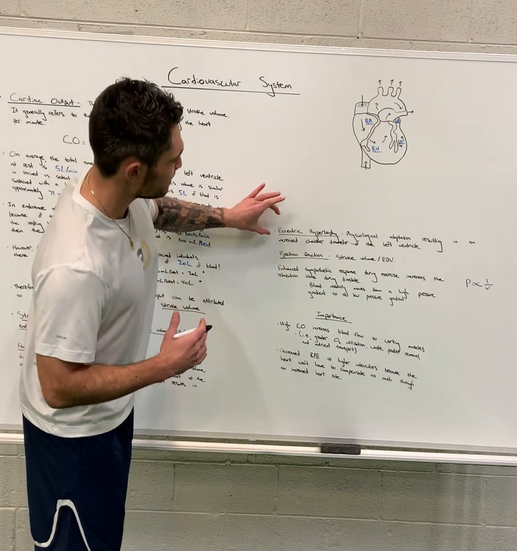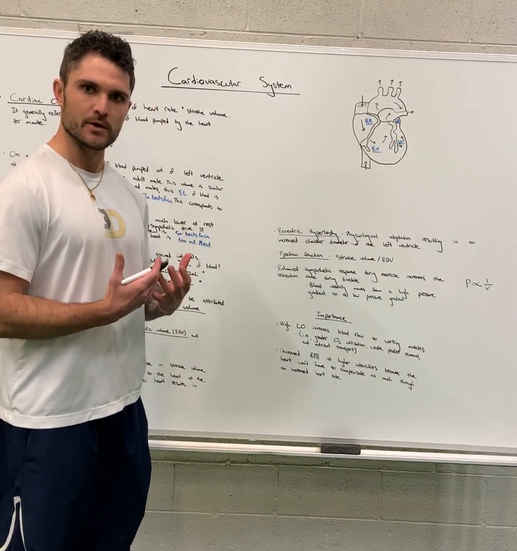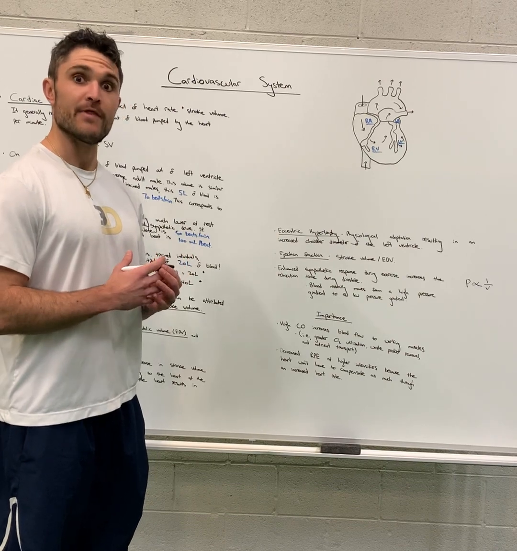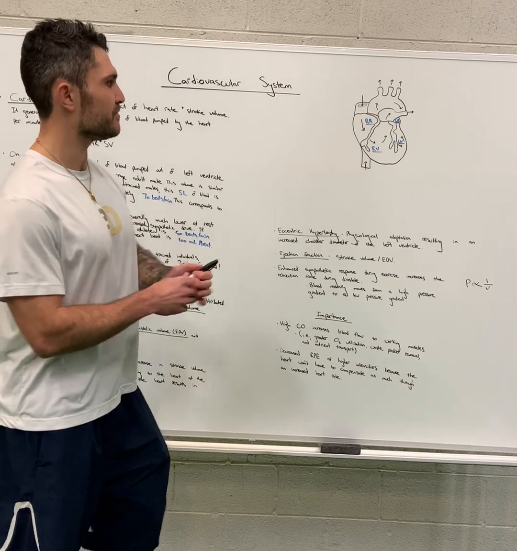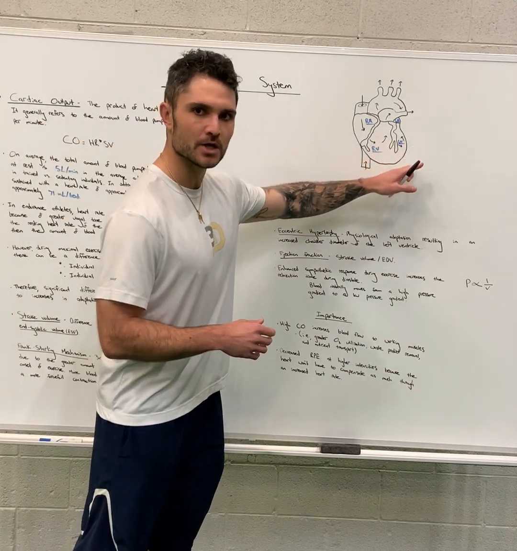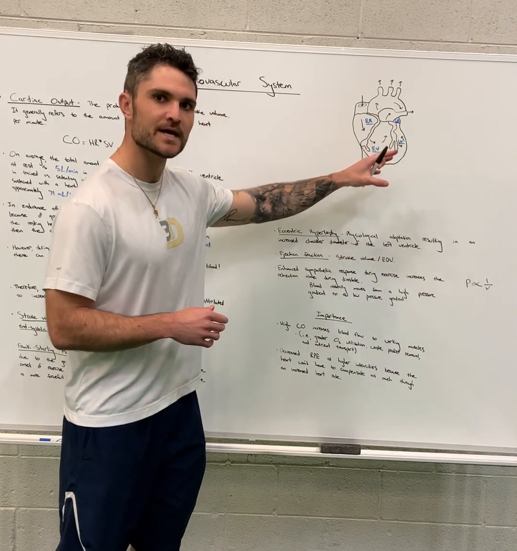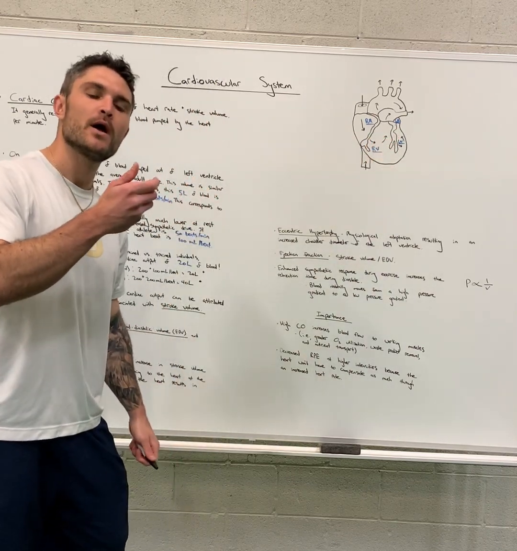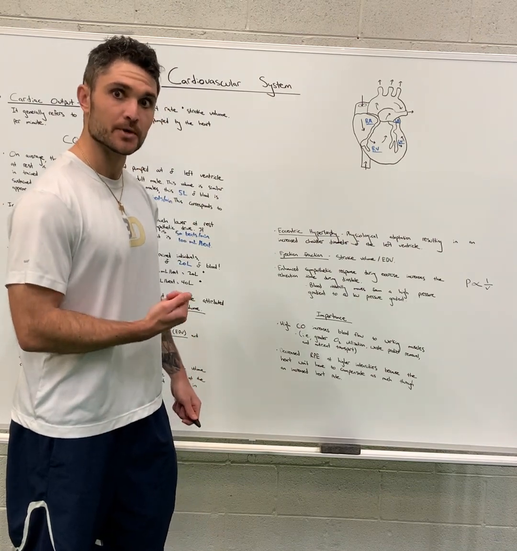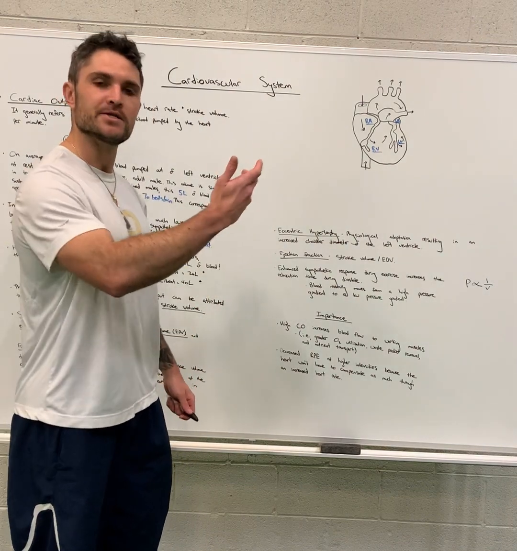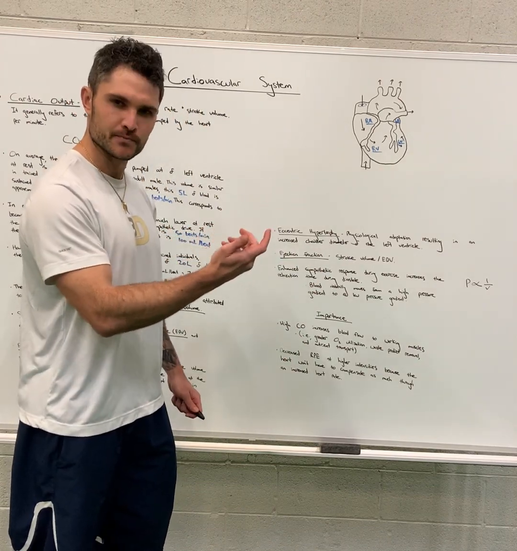We're gonna have an increased diameter of the left ventricle, right? That is going to allow more blood to come into the left ventricle during diastole. So if we have more blood in the left ventricle during diastole, that is going to equate to a more forceful contraction during systole. More blood is going to be pumped through the systemic circulation, right?